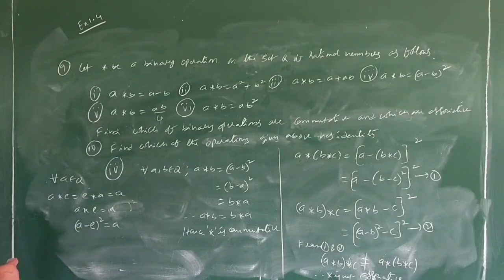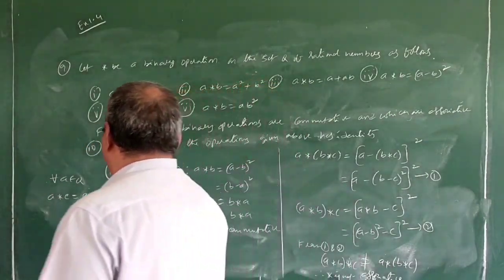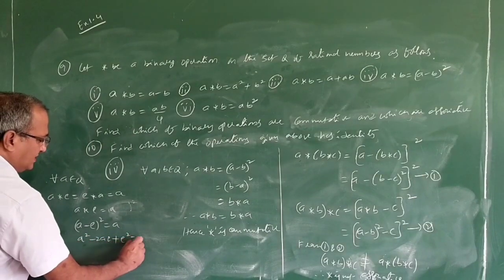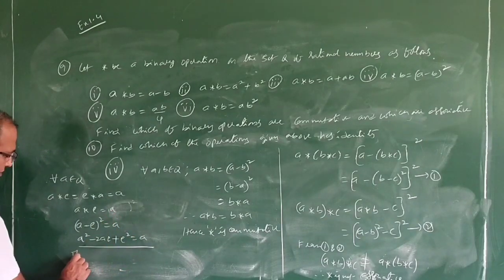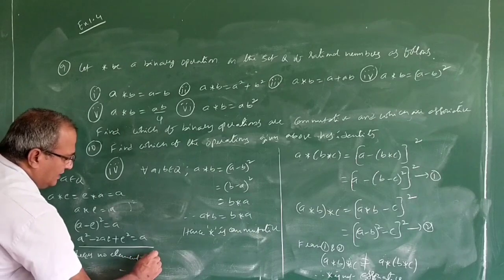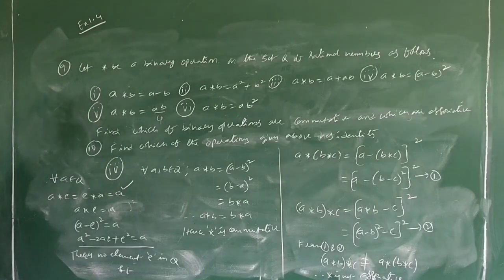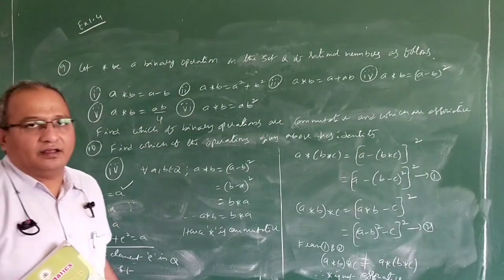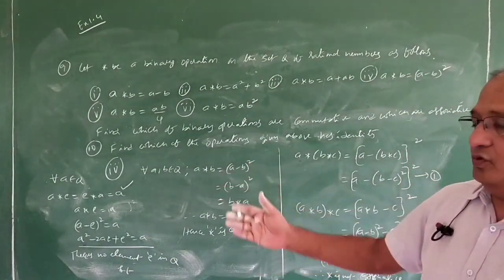Even if you take E equal to 0, you will get A square. So, what we can say, A square minus 2AE plus E square is equal to A. So, there is no element E in Q such that A star E, E star A is equal to A. Therefore, in this case also, the set Q will not have an identity element with respect to star.